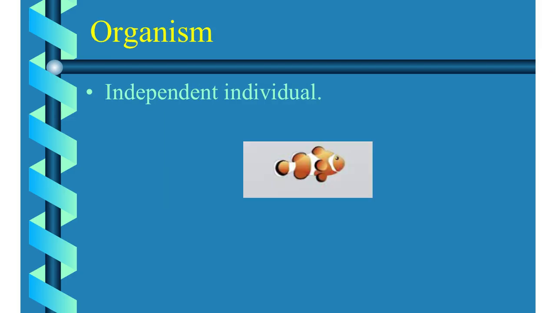Okay, so a population consists of organisms that can interbreed and produce offspring. So organisms are individual living things. They could be unicellular or multicellular depending on the type of population.